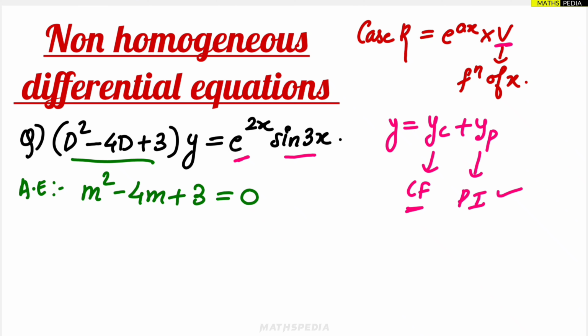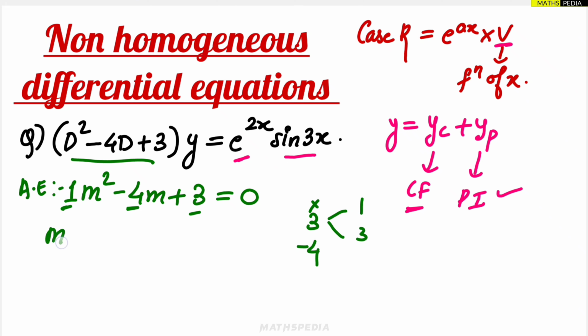So m square, multiplying 1 into 3 is 3. When multiplying two numbers I should get 3, and adding I should get minus 4. So the factors are only 1 and 3.